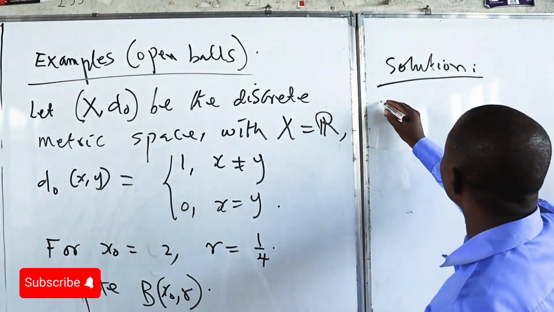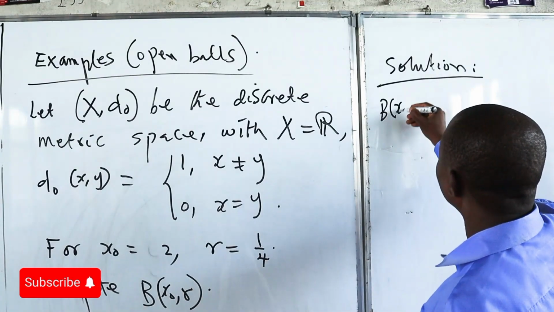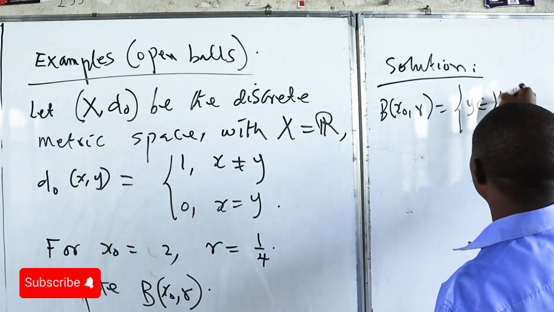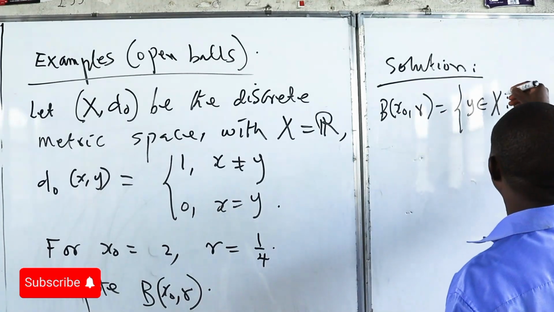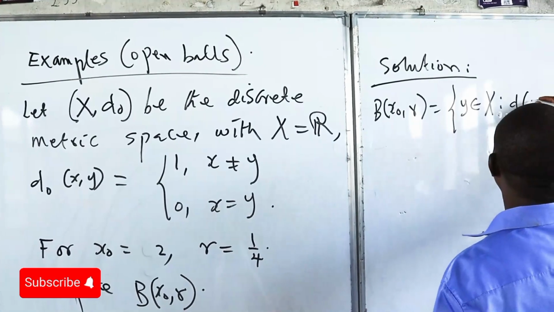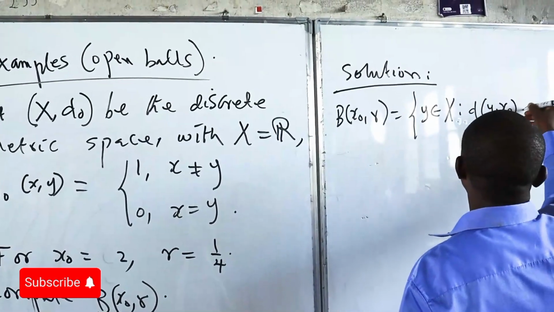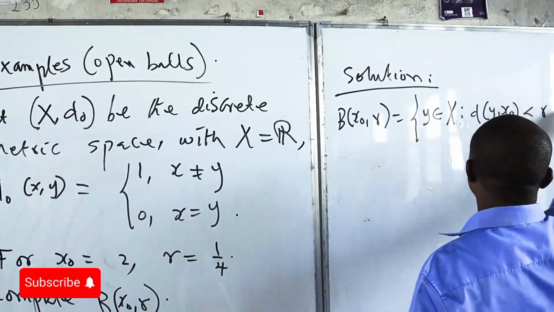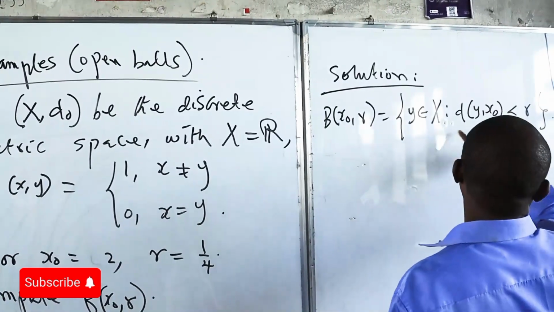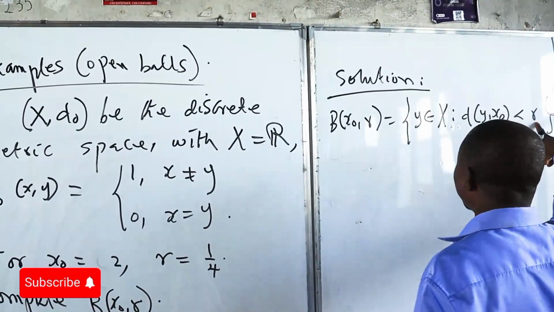By definition, the open ball with center x naught and radius r is the collection of all y in capital X such that the distance between y and x naught is strictly smaller than r. Now we substitute what our capital X is, what our x naught is, and what our r is.